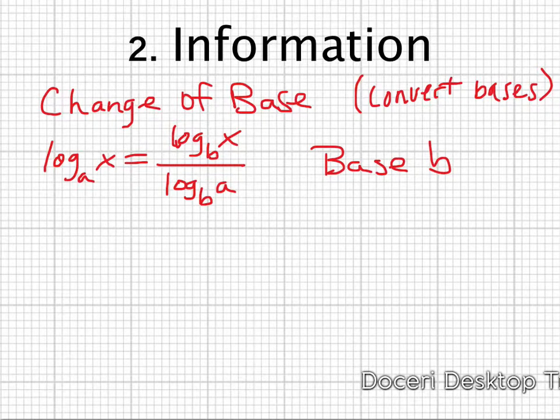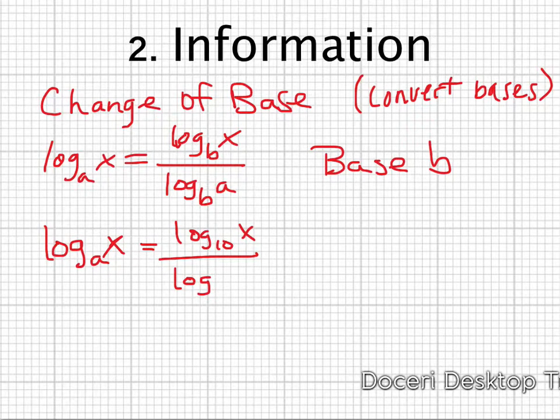Okay? Now we can apply this to log of base 10 as well. So if I have the log base a of x, I can rewrite this as log base 10 of x divided by log base 10 of a. This is how it works in base 10.